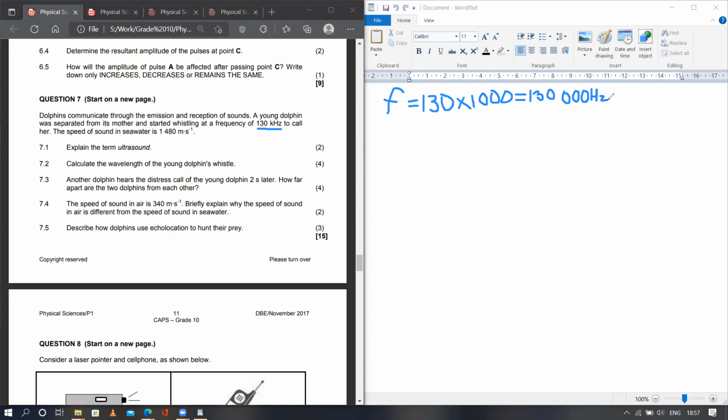Then the next question is, to call the dolphin's mother. The speed of sound in water is 1,480 meters per second.